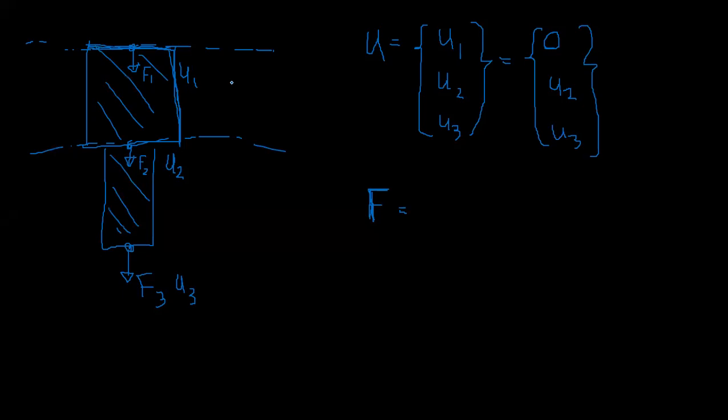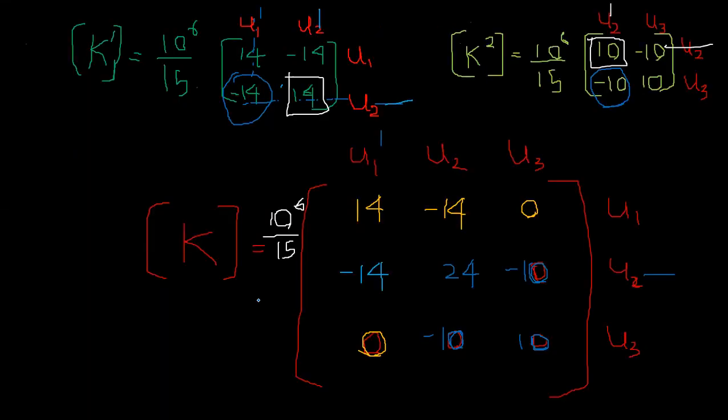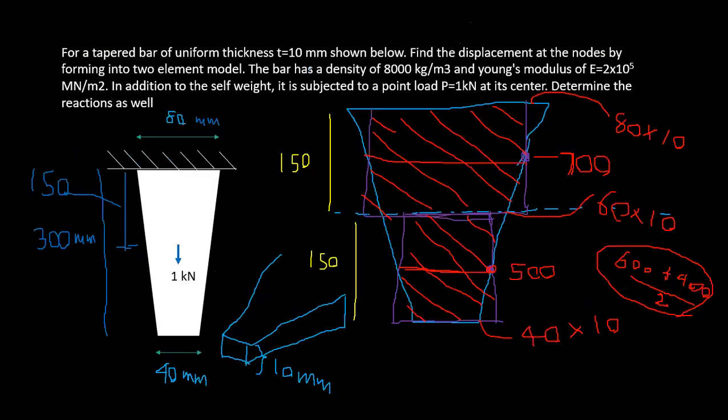So I can write that self weight as W1, area volume into density times g, right? Mg, M is equal to density into volume. So that's A L rho g, right?